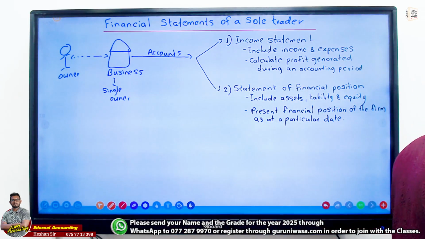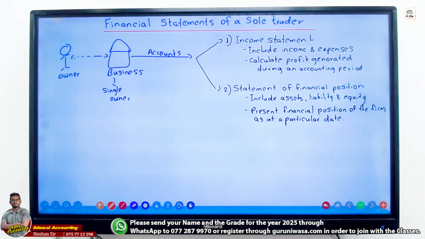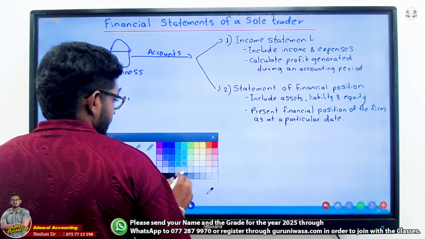Present means show up. So there are five accounting elements.